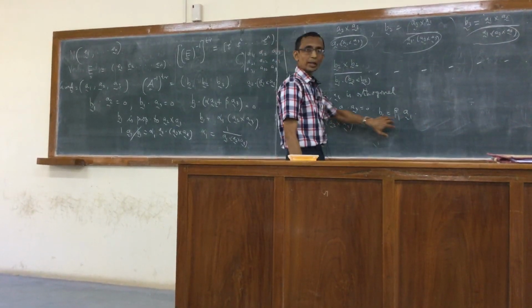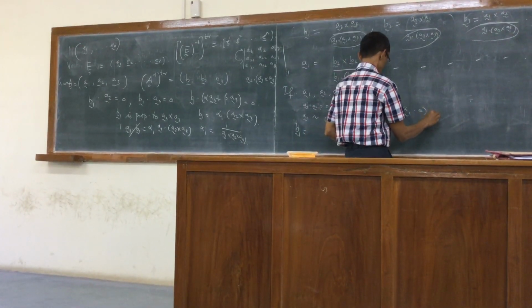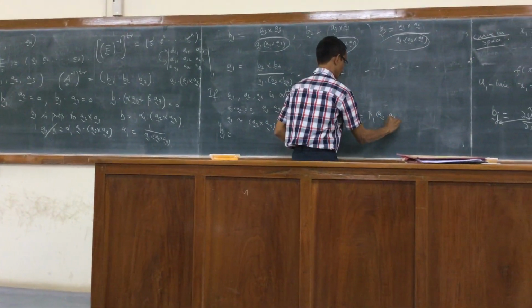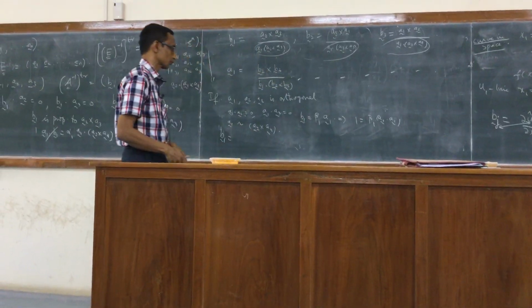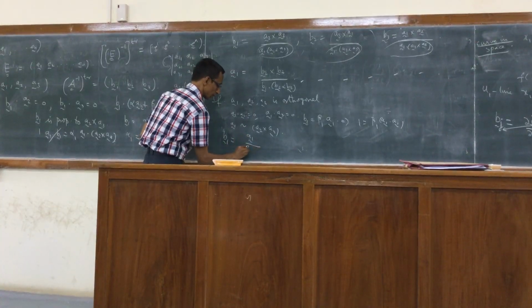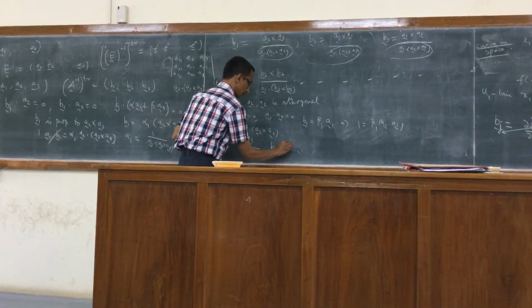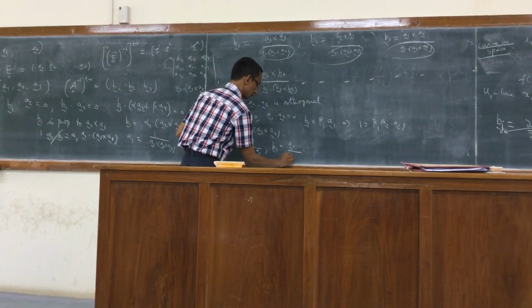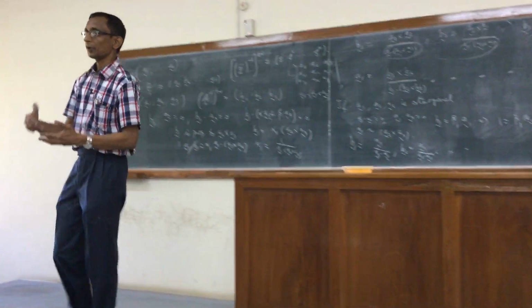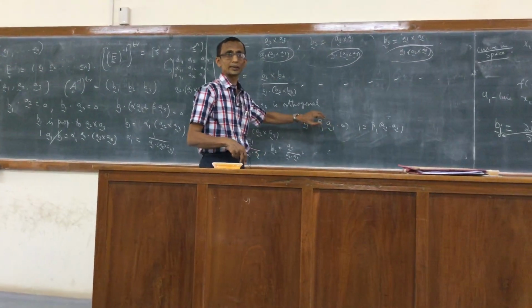Now B1 dot A1 is 1 because the reciprocity still holds, which means that 1 is equal to beta 1 times A1 dotted with A1. Beta 1 is 1 over A1 dotted with A1. So B1 is given by A1 over A1 dotted with A1, and then B2 would be given by A2 over A2 dotted with A2, and so on. You can see that B1 is proportional to A1, B2 is proportional to A2 and B3 is proportional to A3.